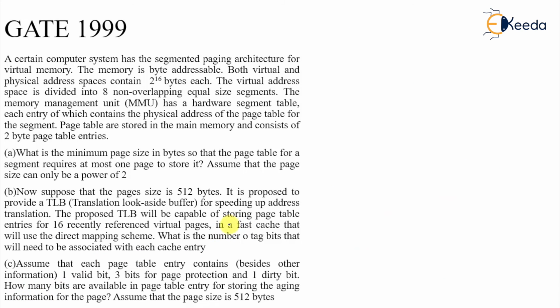Now the last part of this question: assume that each page table entry, PTE, which is 2 bytes wide, consists of one valid bit, 3 bits for protection, and one dirty bit.